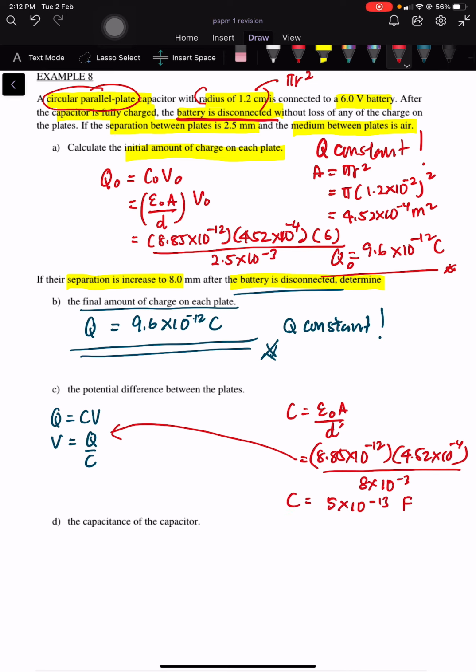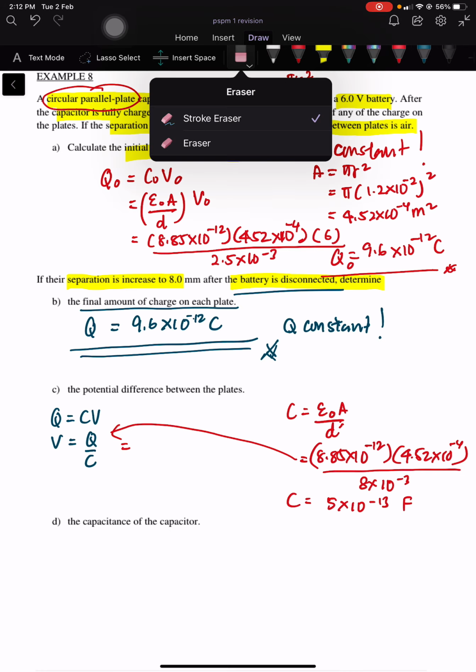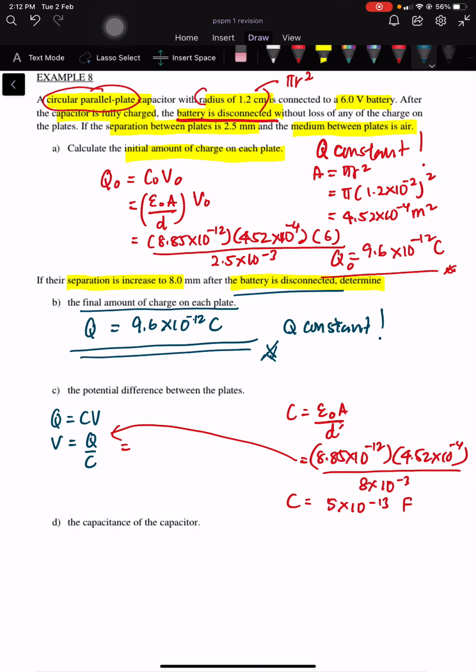Okay, so substitute in this. Q naught sama dengan Q kan. So nilainya adalah 9.6 kali 10 negatif 12 divided by C, 5 kali 10 negatif 13. So the answer V is 19.199, so means that 19.2 volt.